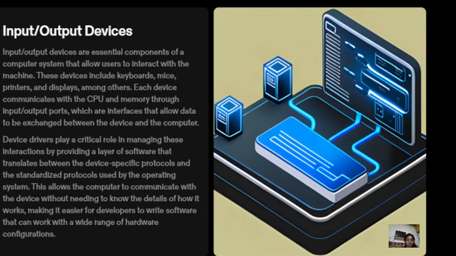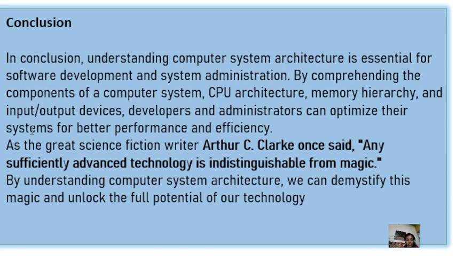Then the conclusion. What is the main agenda of this topic? In conclusion, understanding the computer system architecture is essential for software development and system administration. By comprehending the components of the computer system, CPU architecture, memory hierarchy, and input and output devices, developers and administrators can optimize their systems for better performance and efficiency.